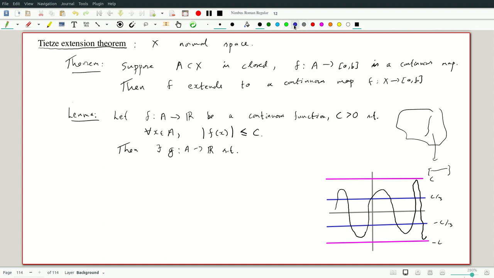And what we'll do is we'll approximate this by a function which, let me make it orange, which wherever the black function is high is going to be orange like this. That is where it's between C/3 and C. Where it's between minus C/3 and minus C, it will be orange like this. And in between the two, it's going to be something.